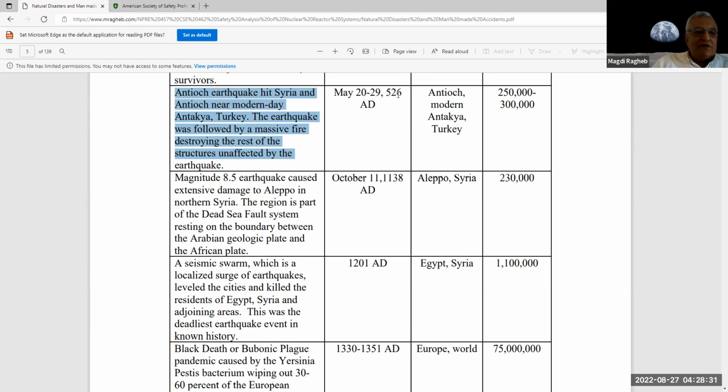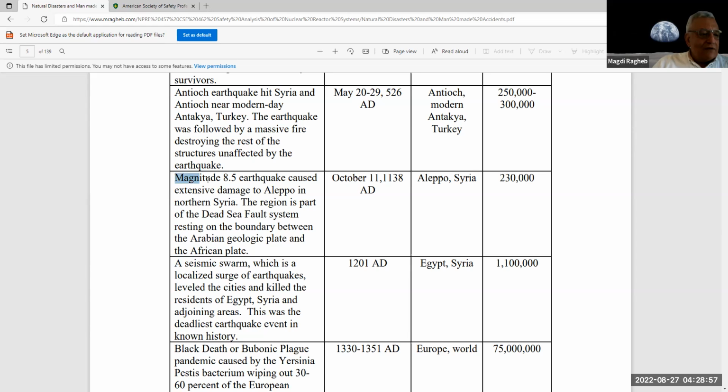That happened in 526 AD, and that one was very devastating. It caused the deaths of 250,000 to 300,000 people. And that's why when you visit the temples, Roman temples or Greek temples in the Middle East, and Egypt, you'll find that they were mostly destroyed by earthquake.